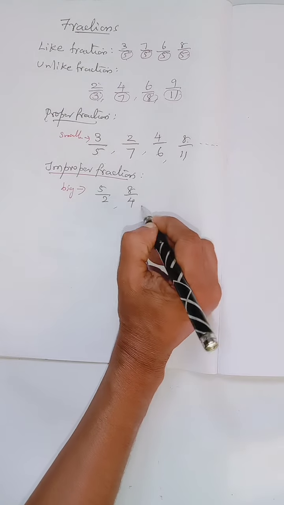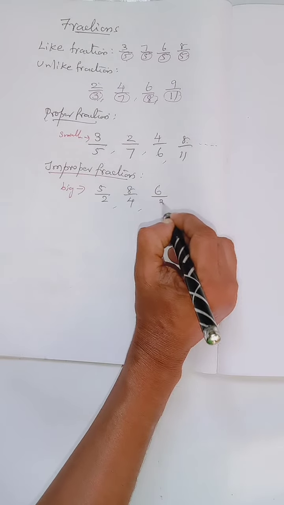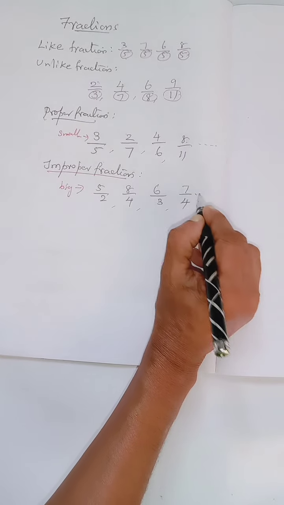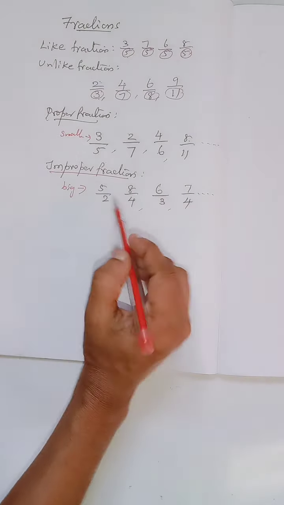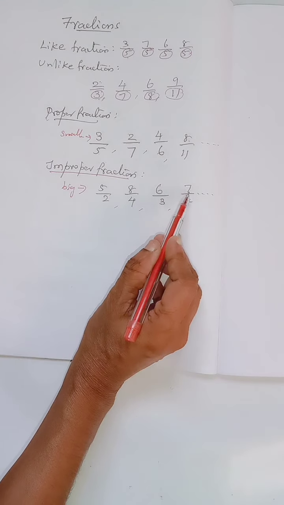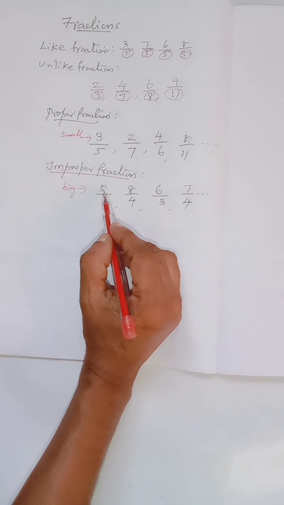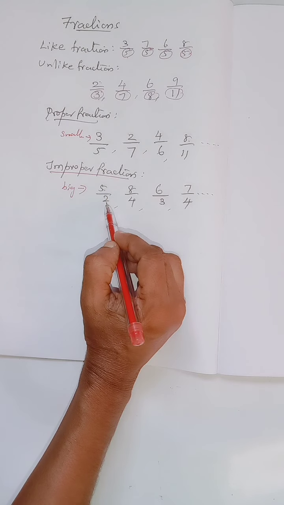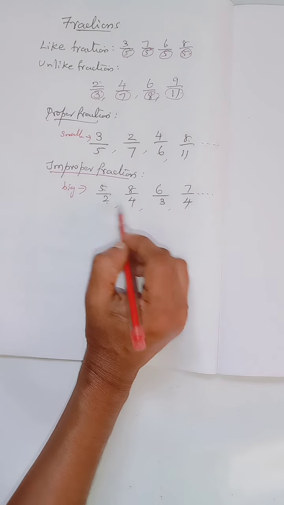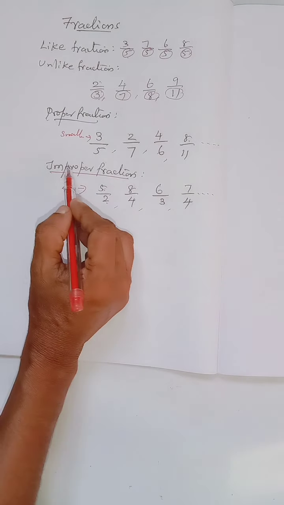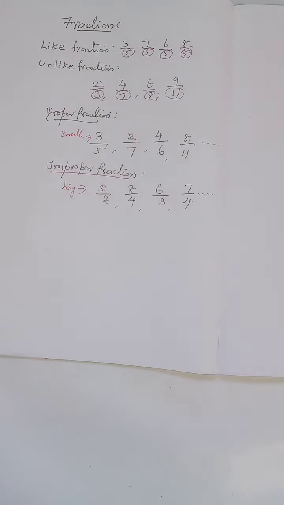Then 8 by 4, 6 by 3, then 7 by 4. Can you see? All the numerators 5, 8, 6, 7 are bigger than the denominators. Here my numerator 5 is bigger than the denominator. Denominators are small numbers and numerators are bigger numbers. That is called an improper fraction.